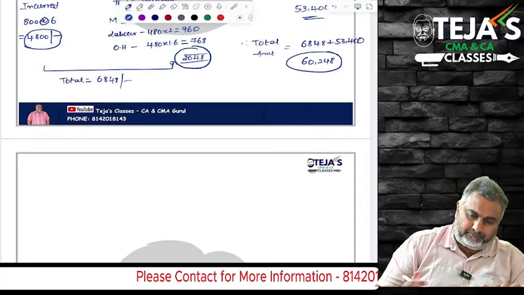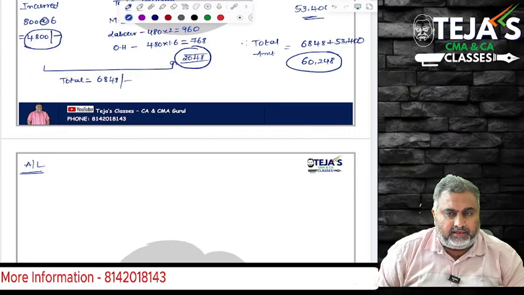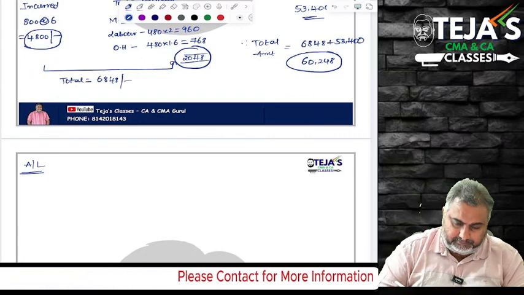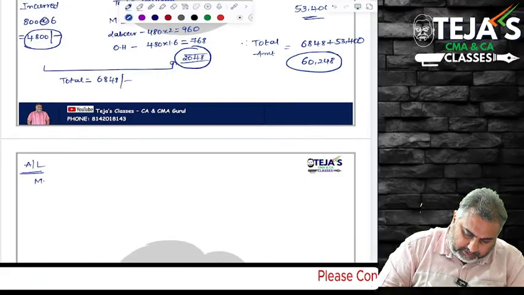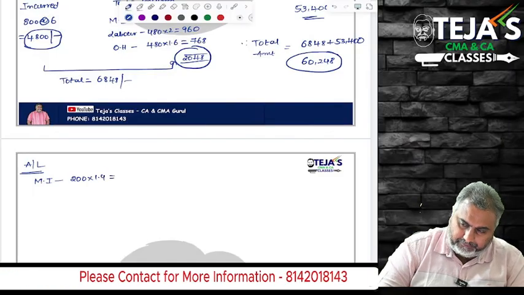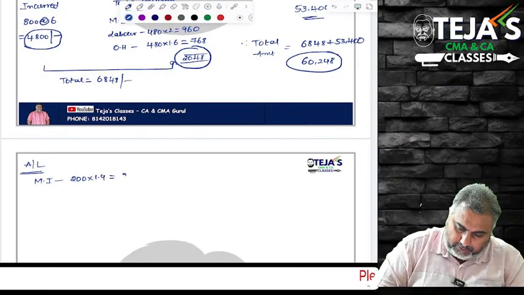So now next, abnormal loss calculation. Abnormal loss, material 1: 200 into 1.4, 280.